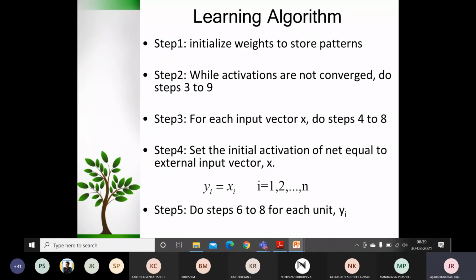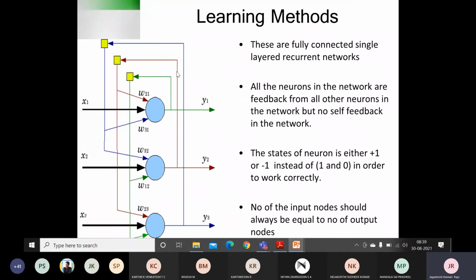The algorithm is very important, take it down. First I need to initialize the weights to store the patterns. Next step is: while activations are not converged, apply the activation function and find out whether I am able to get the output or not.